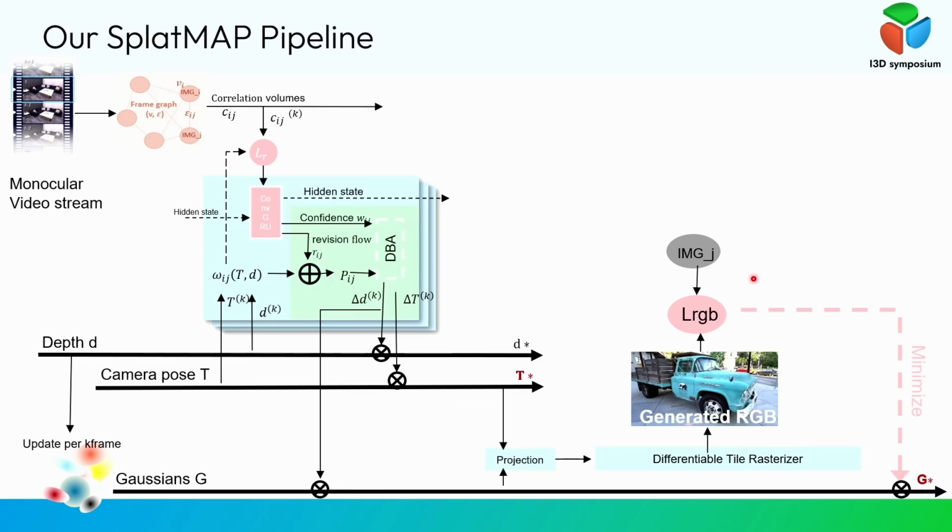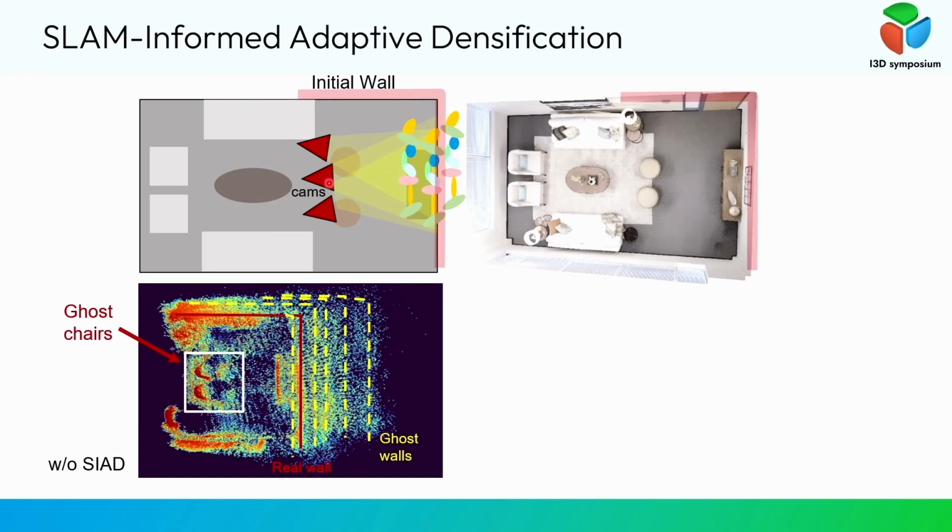The challenge here is that it lacks geometry constraints in the whole system. So sometimes the results will be overfitting to the trained view visually. Let me explain why this happens. It is because at the very beginning of the SLAM method, the estimation in the warm-up phase of the SLAM is usually not that accurate.